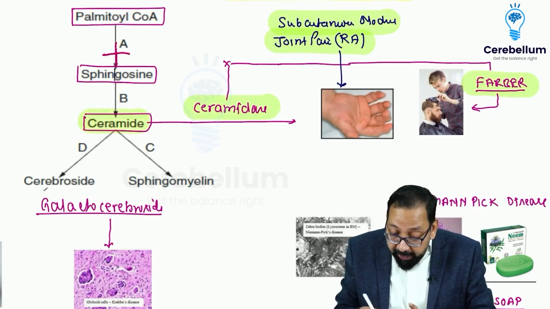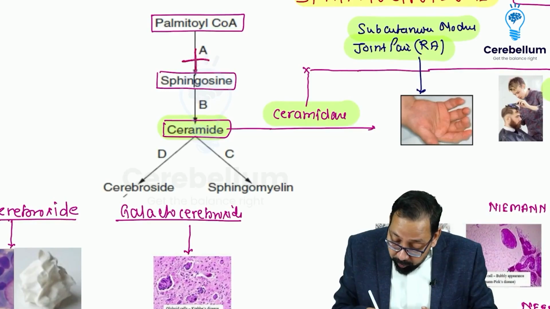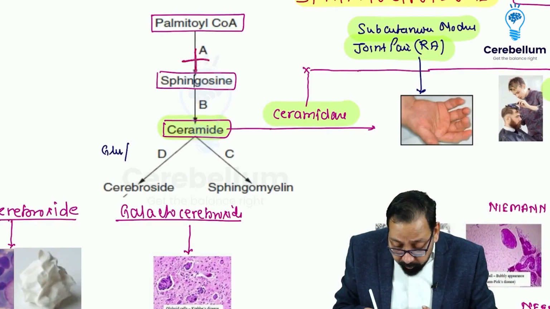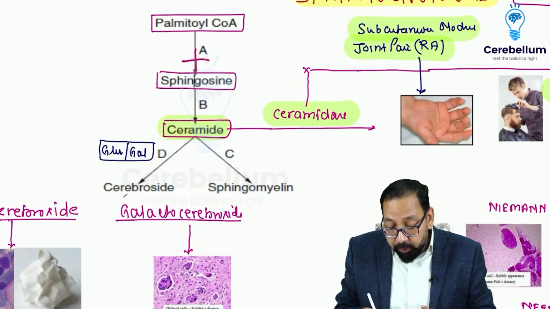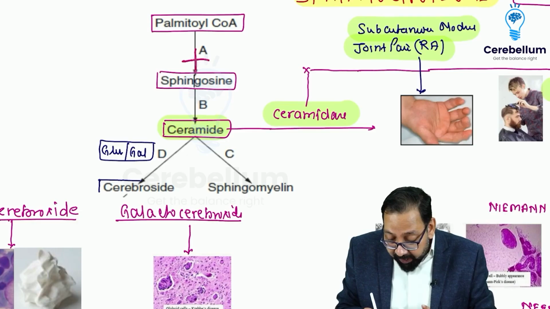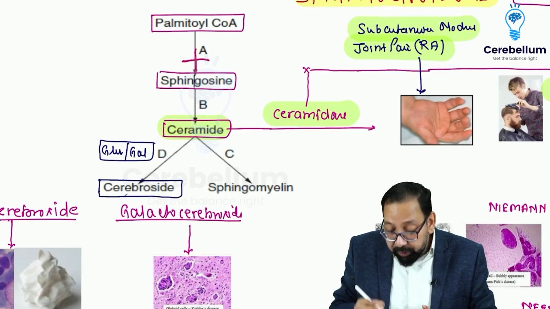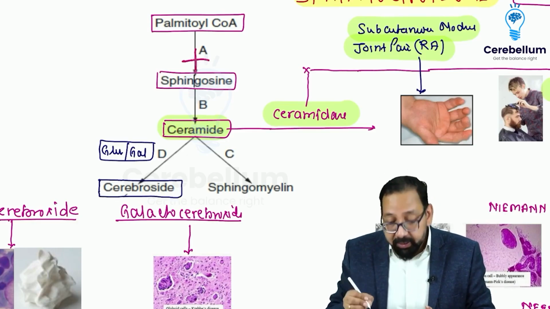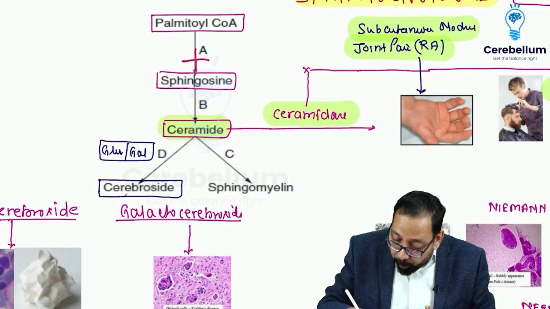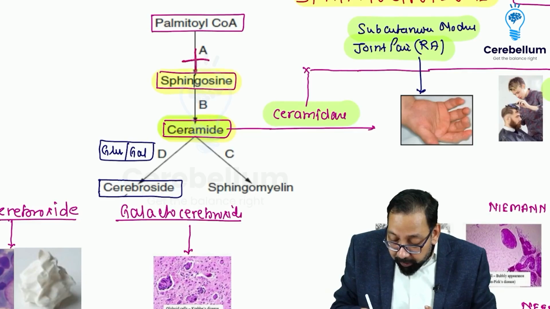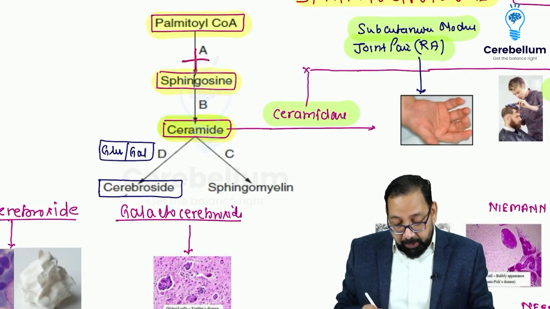Now this ceramide can bind to glucose or galactose, a monosaccharide. When ceramide binds with glucose or galactose, it makes cerebroside. I am telling you this sequence because sometimes a question is asked: ceramide is made up of sphingosine plus fatty acid.